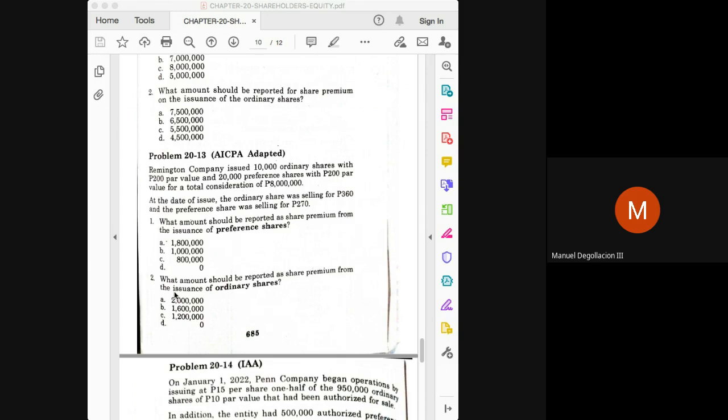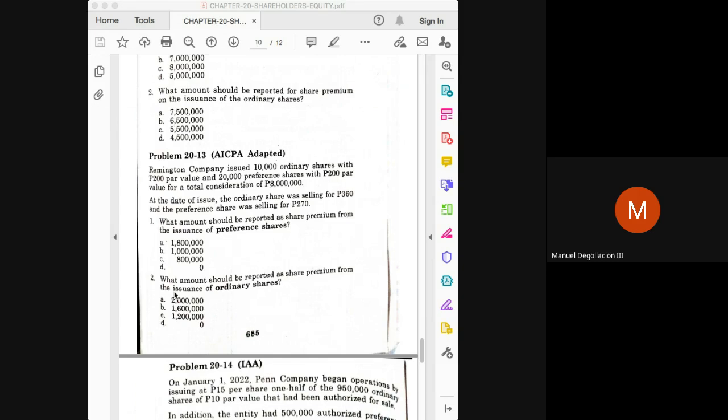Okay. So 20,000 times 270, you would get, I think that's 5,400,000. Let me just check. 270 times 20. So the total fair value of your preference shares that are being issued would be 5,400,000, while the total fair value of your ordinary shares would be 3,600,000.